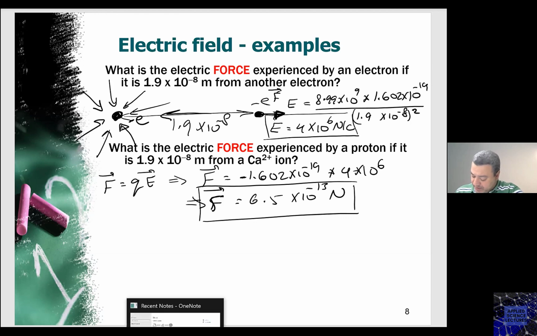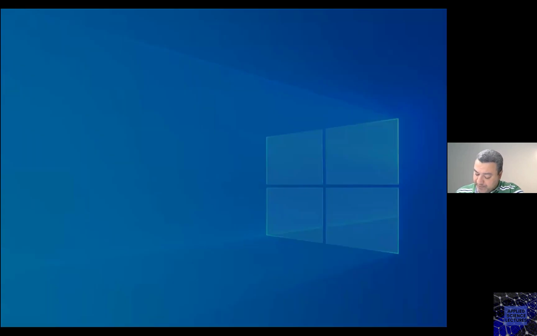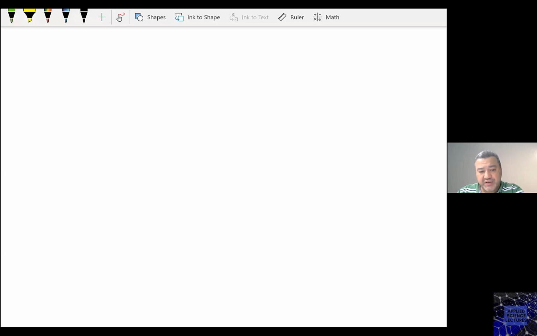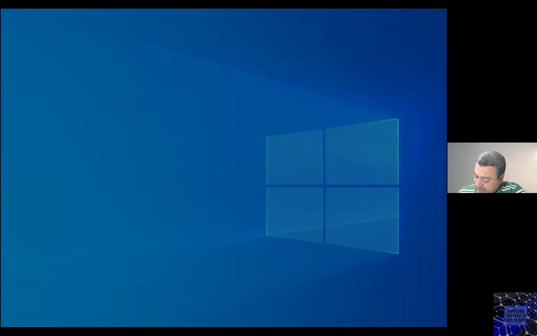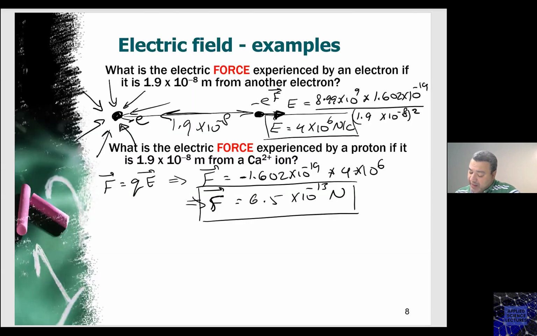Okay, now let's do the other example here. So in the second example, the question is asking, as we've read earlier, what is the electric force experienced by a proton if it's 1.9 times 10 to the power minus 8 meter from the calcium ion?